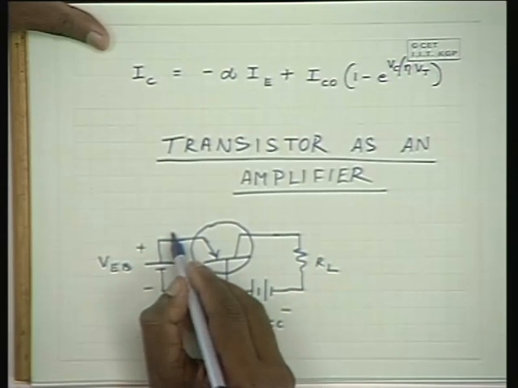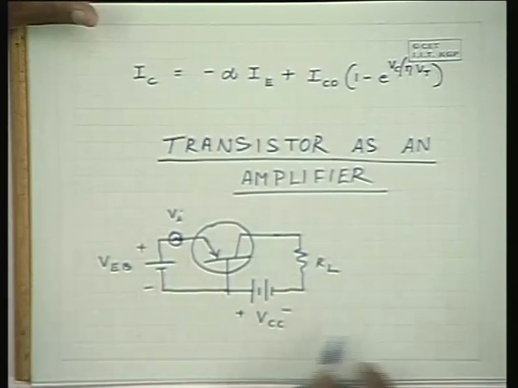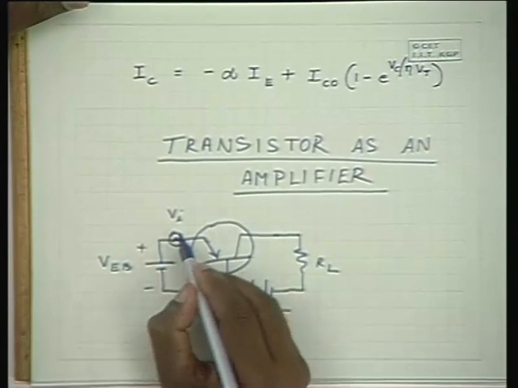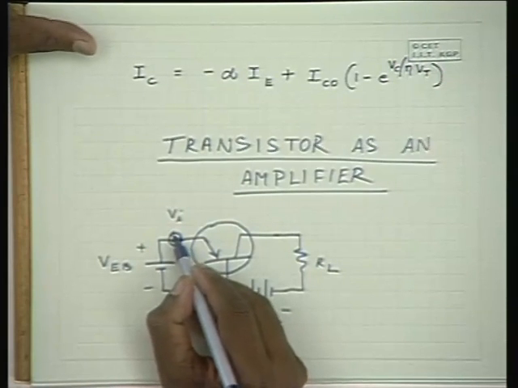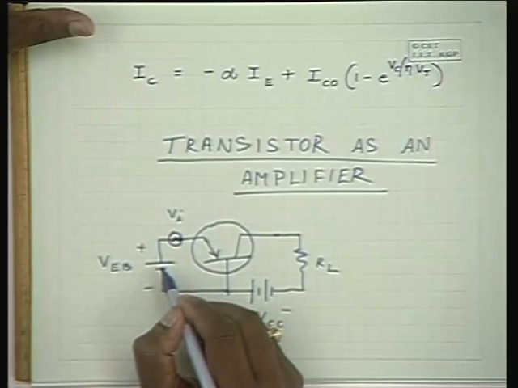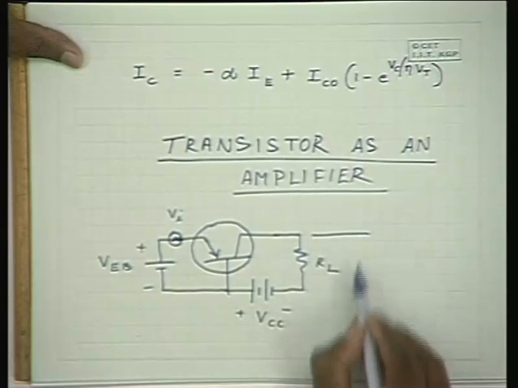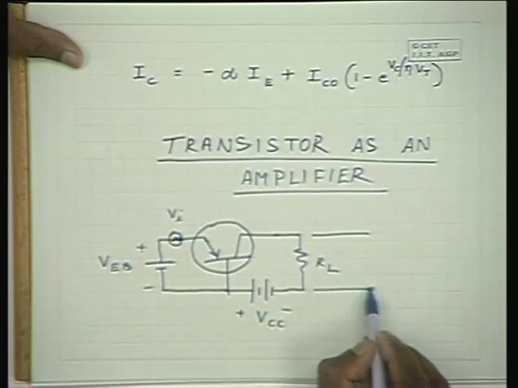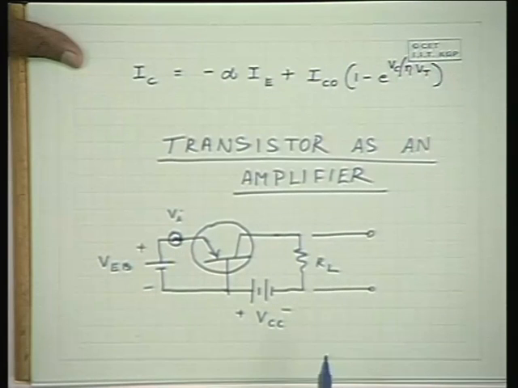Now, after biasing the transistor like this, if I apply a small alternating signal in series with this bias and tap the voltage across the load resistance, we find that this is an amplified version of the input voltage.